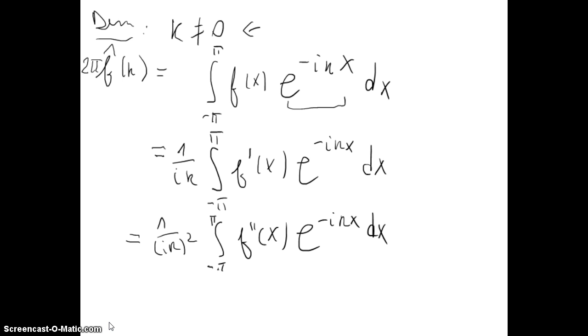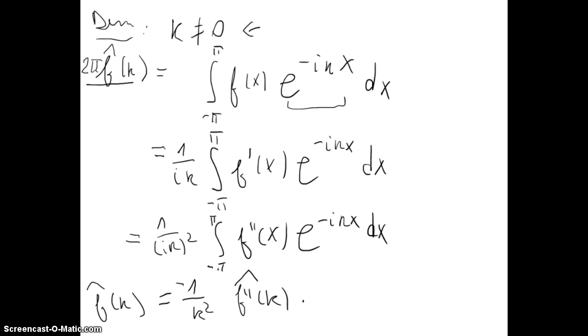Considering that we have this, we can now say that the Fourier coefficient f_k is equal to minus 1 over k squared, with the minus because it is an i squared, times the f double prime k coefficient.